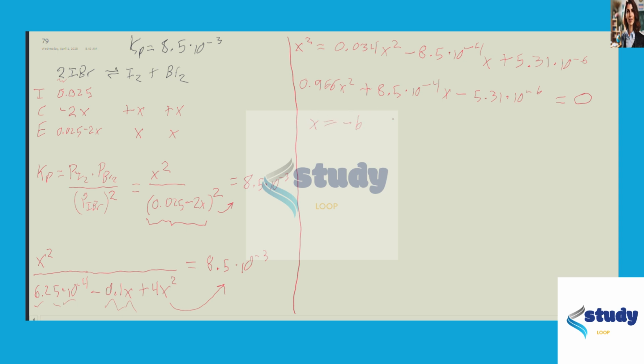Now we can employ the quadratic equation, x equals negative b, plus and minus the square root of b squared minus 4ac, all over 2a. A, b, and c are the terms in front of x squared, x, and this last number here, respectively.